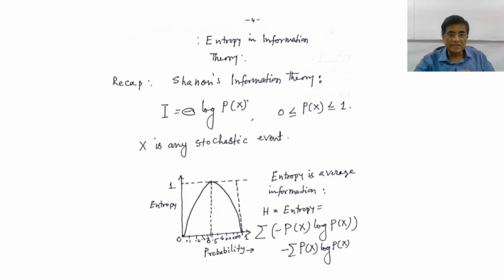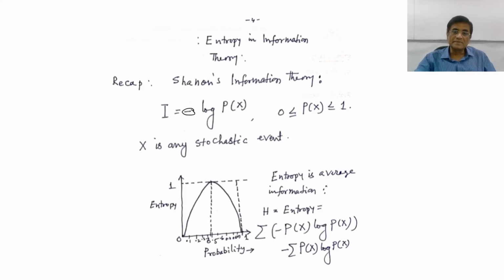This is the definition of information, and also we know that average information, according to Shannon's theory, is called entropy. Entropy is denoted by H, which is nothing but minus the average of Px log Px. Okay. So this is a very important concept.